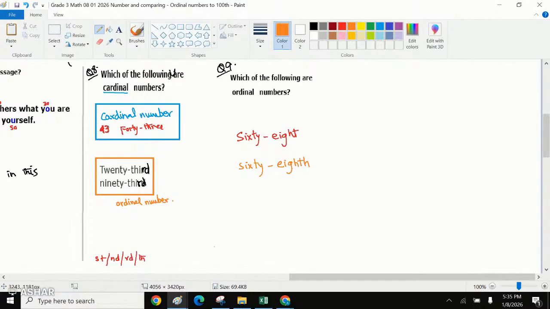68. Okay. Then we have 31. And then we have 74. So which of the numbers are ordinal in this case?